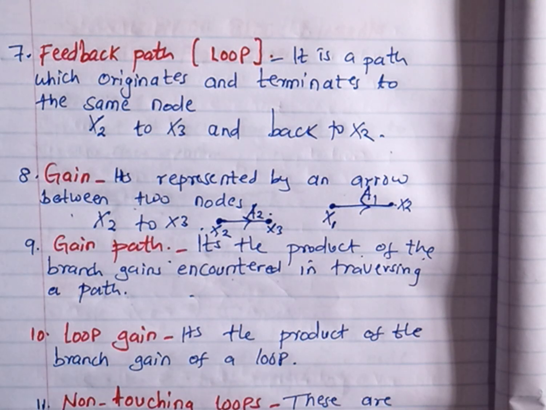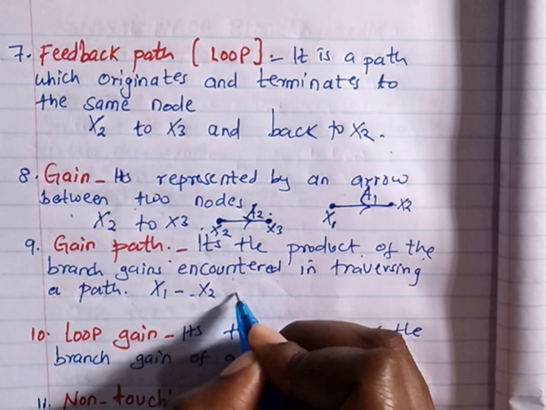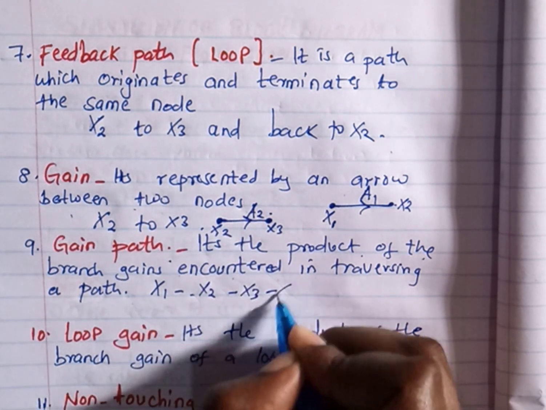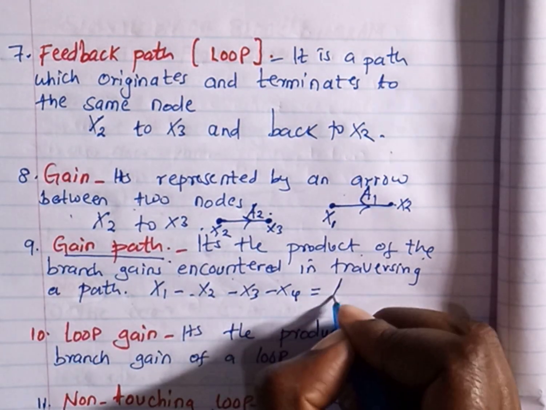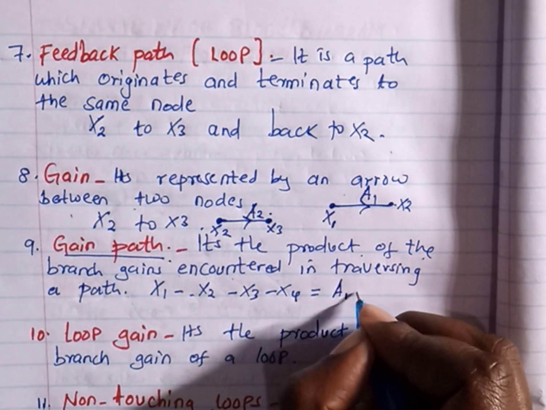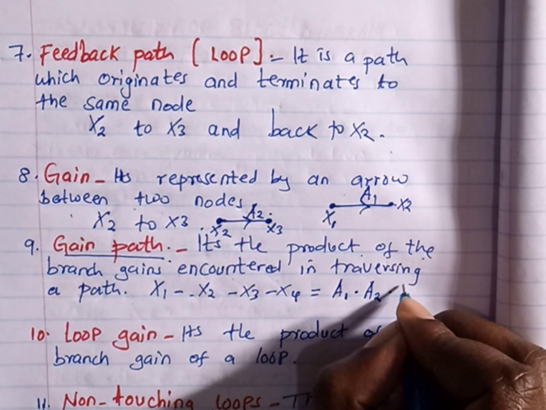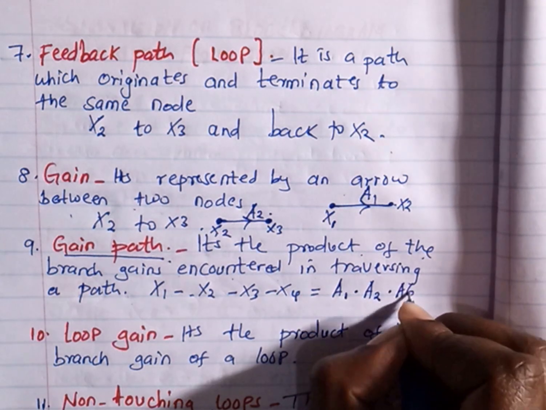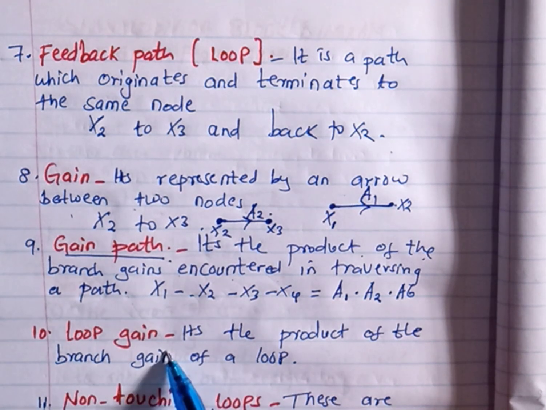For instance, if I consider this path x1 to x2 to x3, then to x4, then the gain path will be equal to a1 times a2 times a6. That is now the gain path, the product of all those gains in that given path.